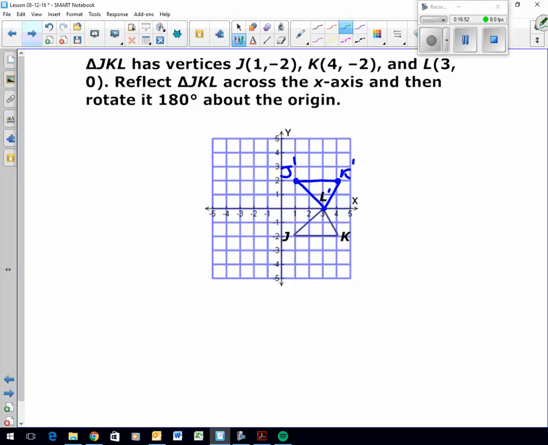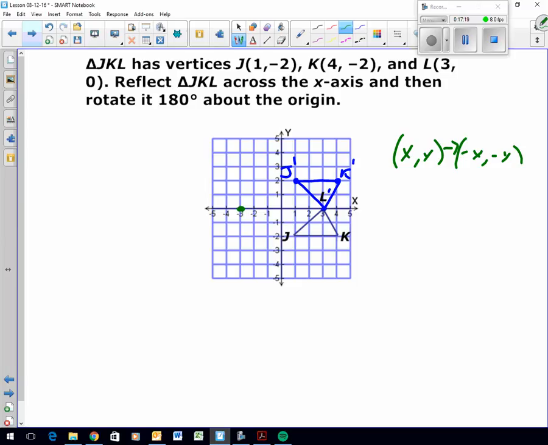Next, I take those values, the ones I just reflected, and I rotate them 180 degrees. Remember, rotations go from (x, y) to (-x, -y). Let's start with L. If I start at (3, 0), I flip over to (-3, 0).